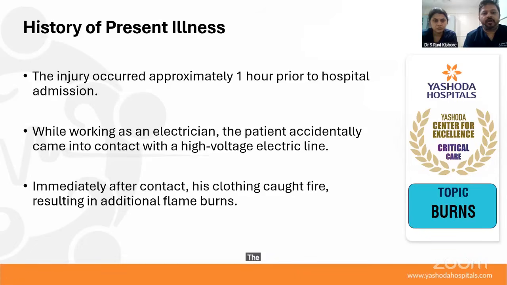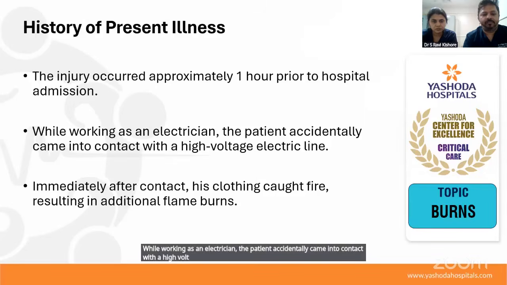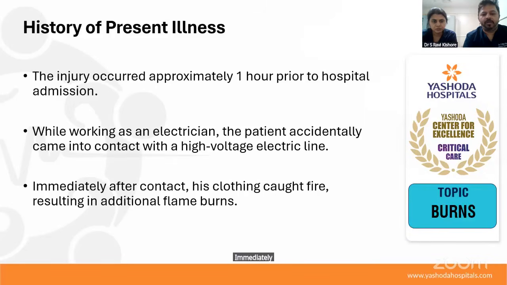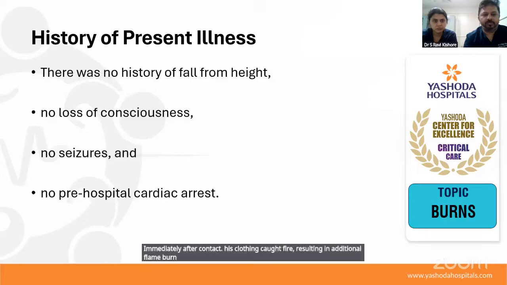The injury occurred approximately 1 hour prior to hospital admission. While working as an electrician, the patient accidentally came into contact with a high voltage electric line. Immediately after contact, his clothing caught fire, resulting in additional flame burns.